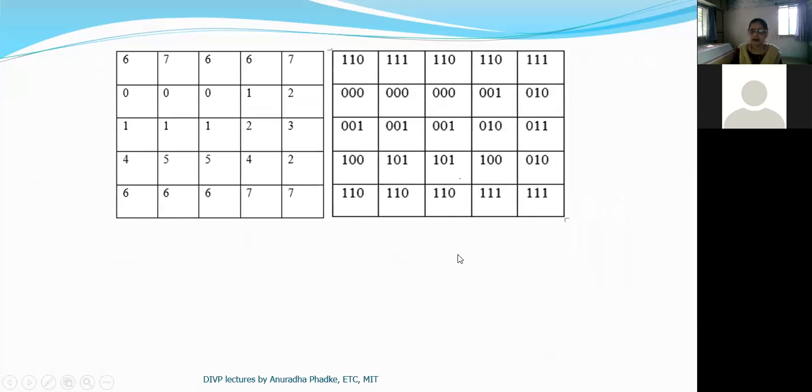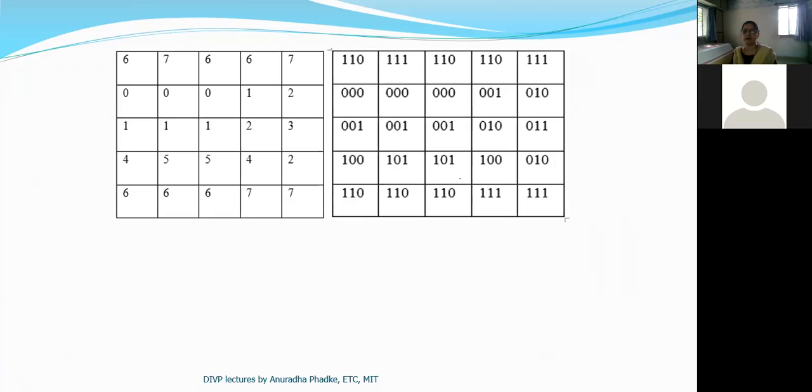So did you understand what is the meaning of bit plane slicing? If you have understood, we can go to the next slide. Basically, we try to represent a gray image in terms of binary planes. So if you have 3 bits per pixel, we will get 3 binary planes. Now, if I have 4 bits per pixel, how many binary planes can I get for the given gray image?